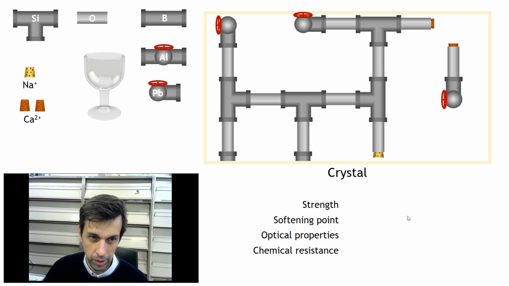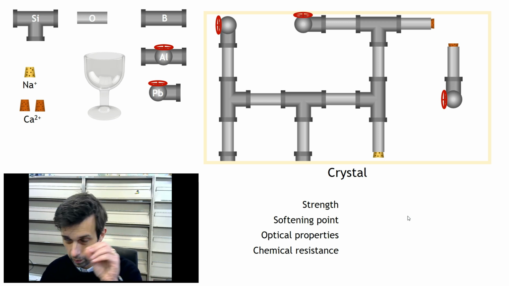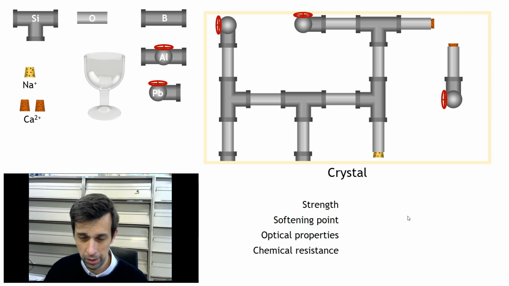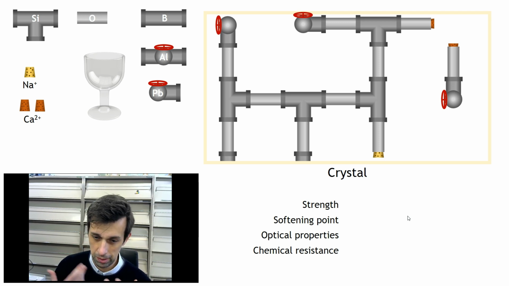And then something that really messes up with my drawing is lead, because lead, like aluminum and other elements, can be both part of the network and a stopper interrupting the network, which makes it a valve, but it only has two connections.